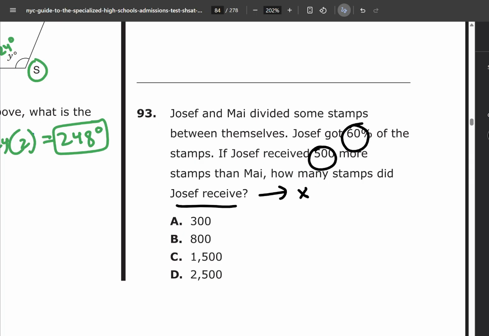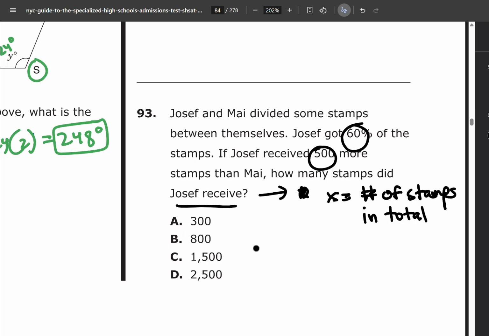So, Joseph got 60% of the total amount of stamps. Actually, let's not call x the number of stamps Joseph has. Let's say x is equal to the number of stamps in total. Cool.